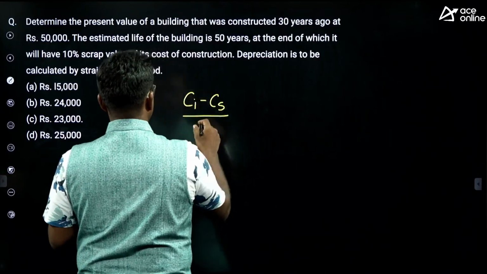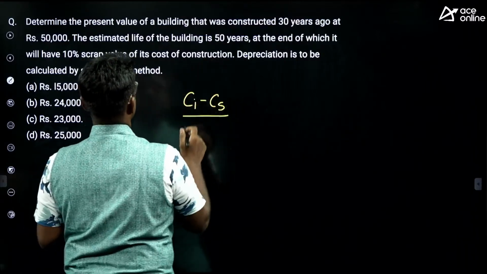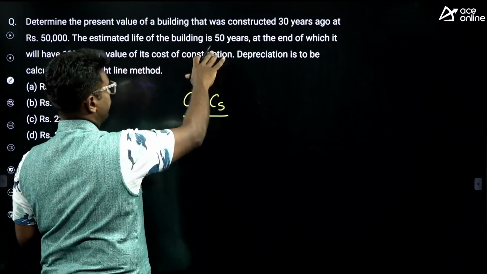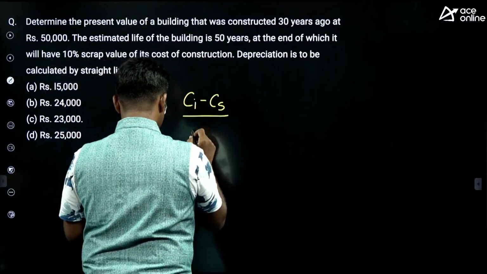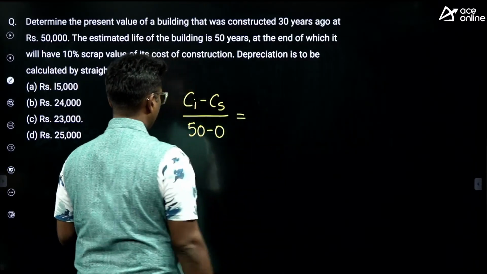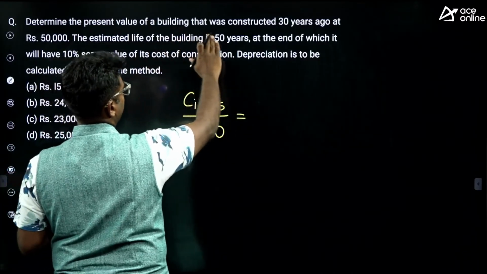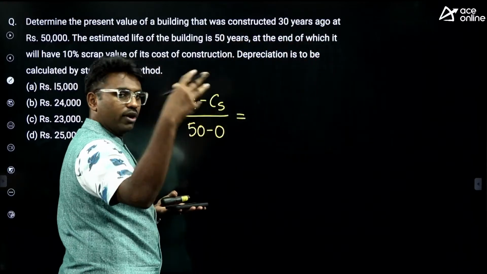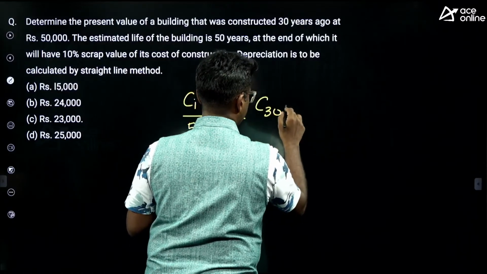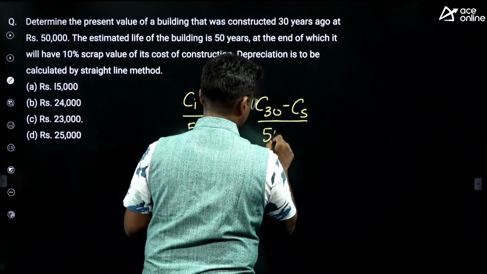Estimated life is 50 years. And what is he asking again? The present building was constructed 30 years ago. मैंने तो 30 साल हो गए, तो C30 minus salvage value divided by 50 minus 30.